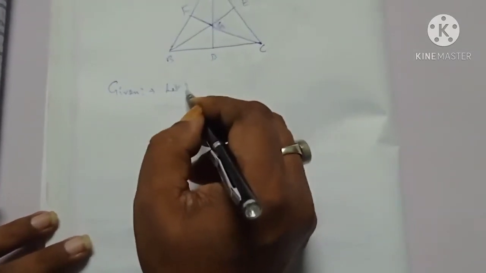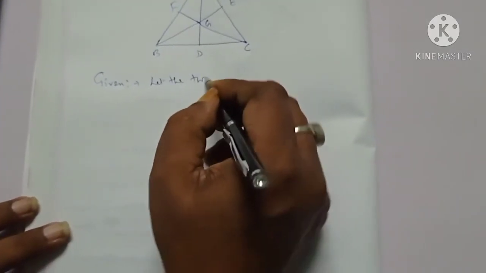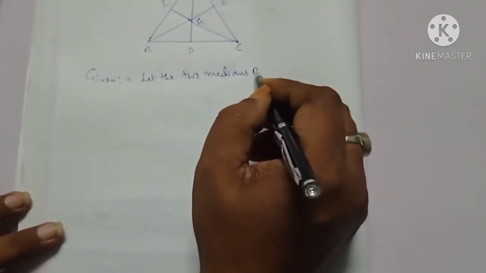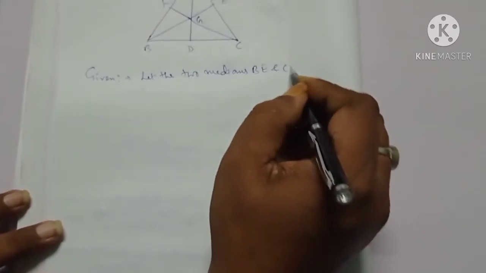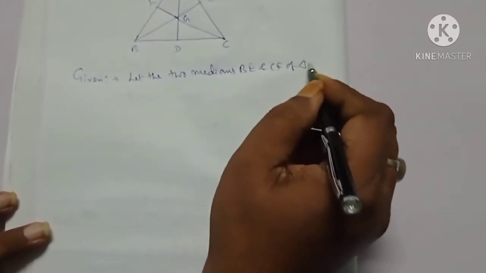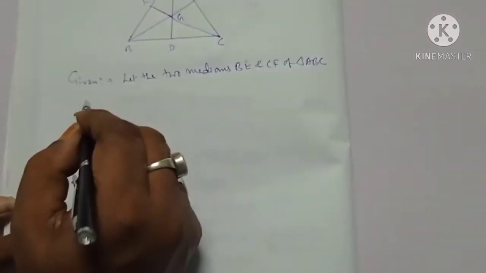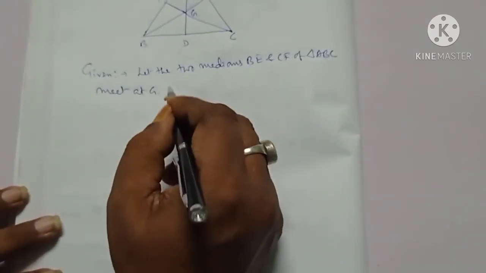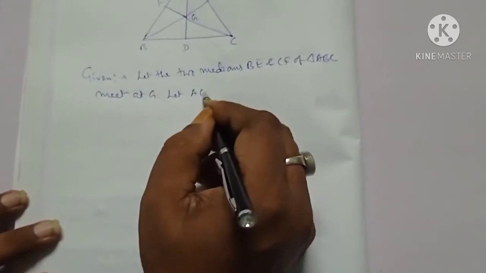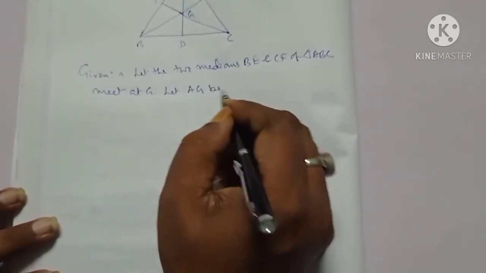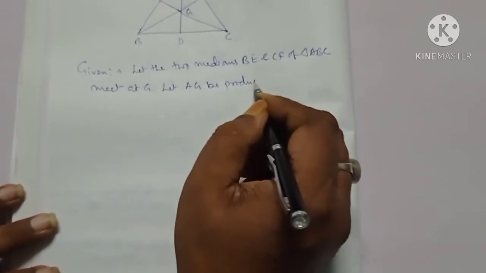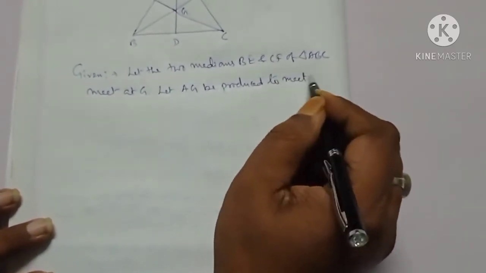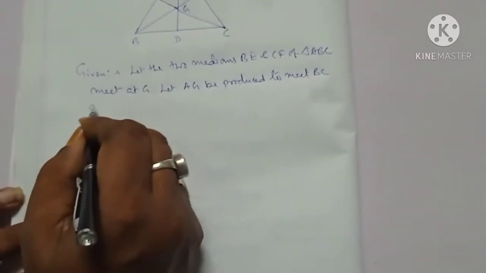Let the two medians BE and CF of triangle ABC meet at G. Let AG be produced to meet BC at D.